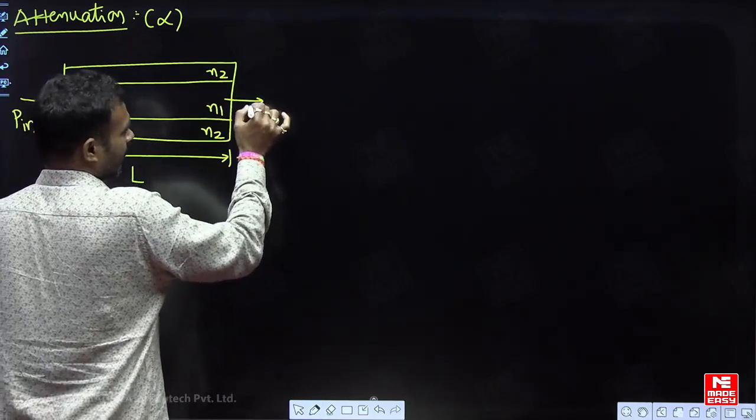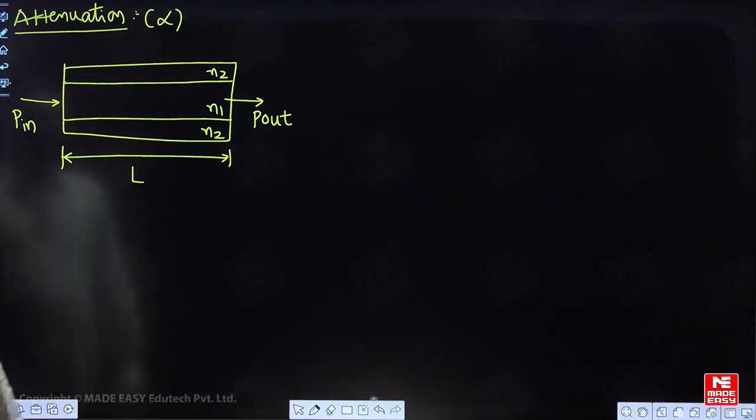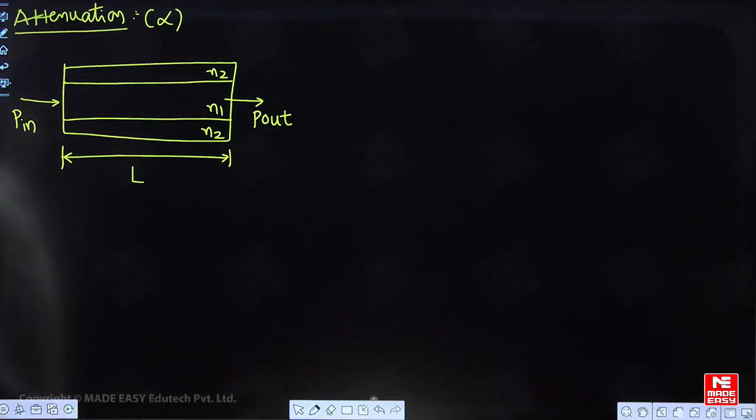The output power getting out of the fiber is called P out.